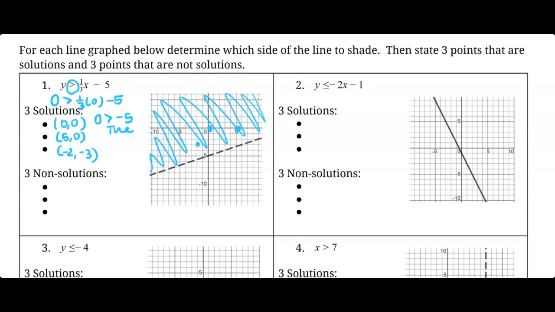If I wanted 3 non-solutions, then I could pick points on my line or not on or below the line, outside of that shaded region because it's a greater than symbol. It's dotted, so the points on the line don't count. So I could choose as a non-solution (0, -5). I could choose the point (5, -10). I could choose the point (3, -4).